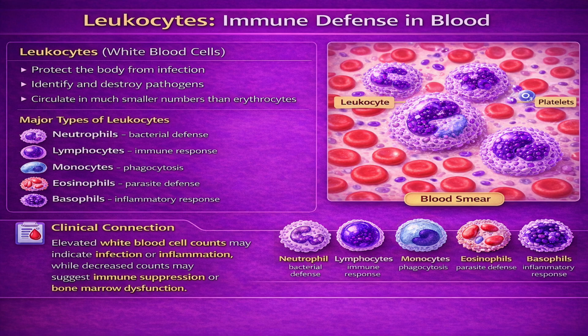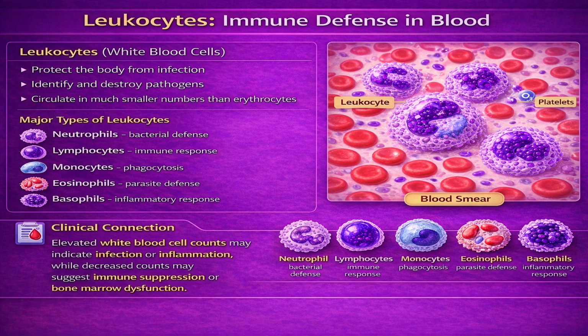Next, we have monocytes. They develop into macrophages that engulf and digest pathogens through a process known as phagocytosis. Two additional leukocyte types are eosinophils, which are involved in defense against parasites and allergic reactions, and basophils, which release chemical mediators that contribute to inflammation.